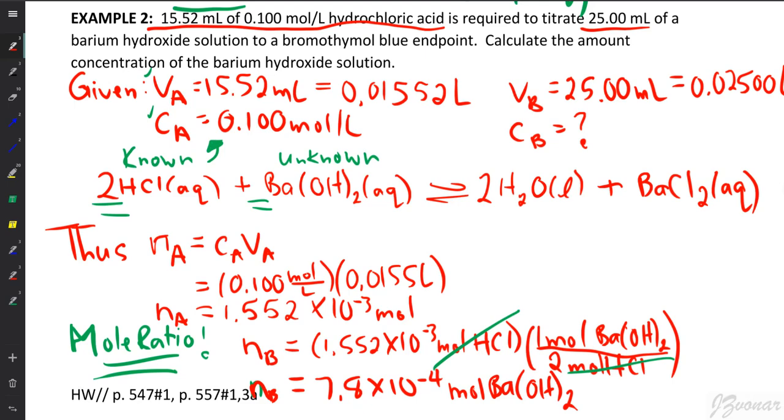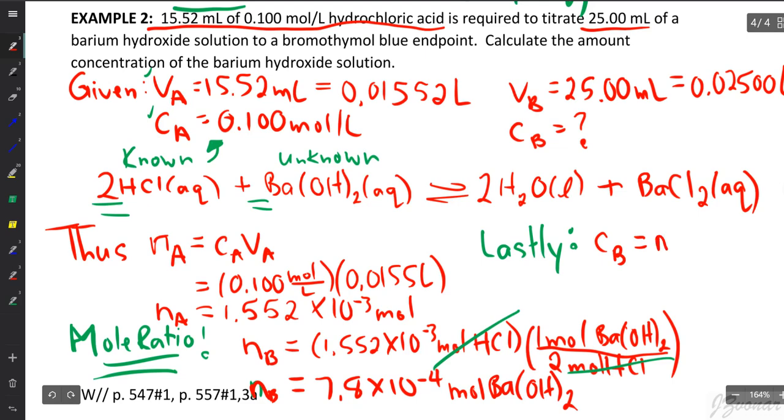And now my last step, step number 3, we are going to find the concentration of my base. Plugging in my numbers here, I've got my 7.8 times 10 to the negative 4 moles over the volume in liters.